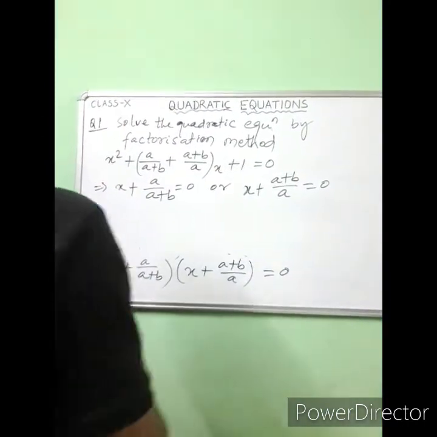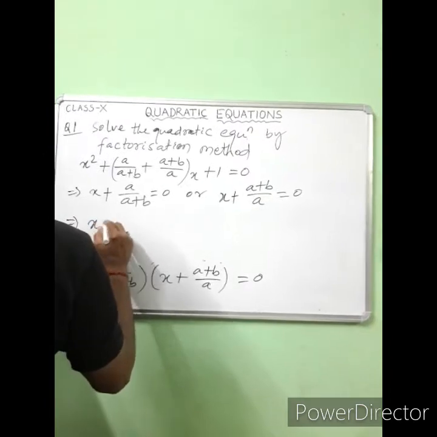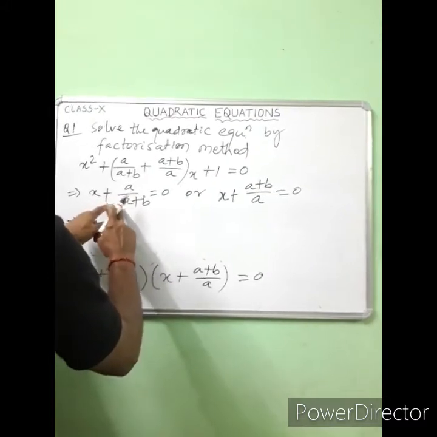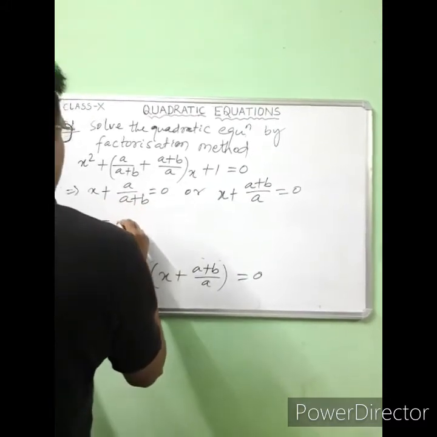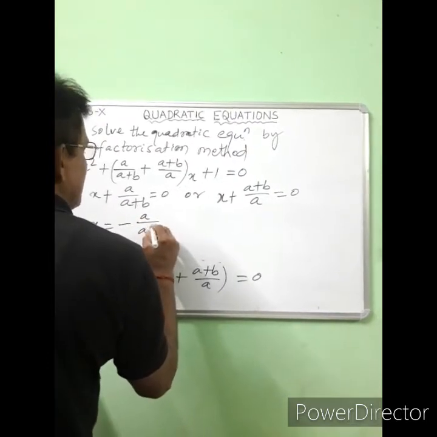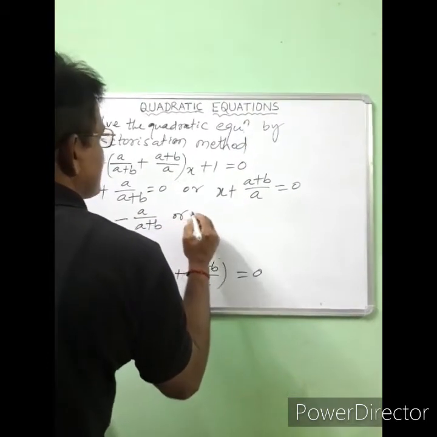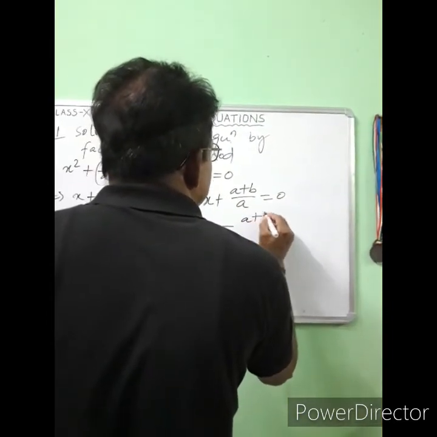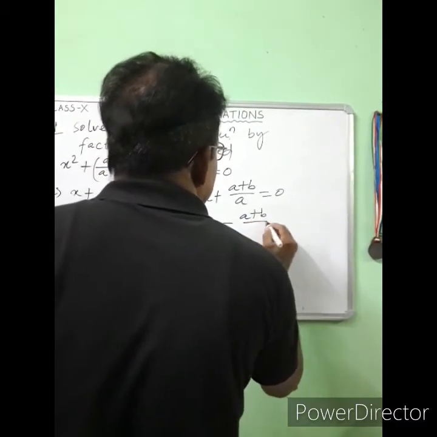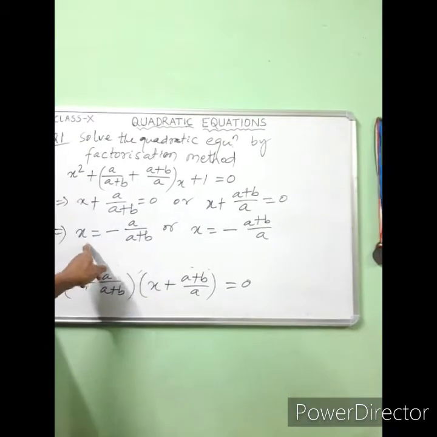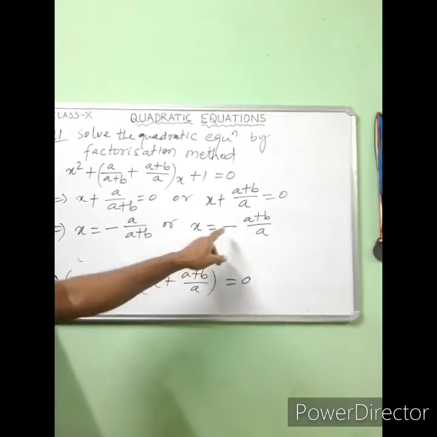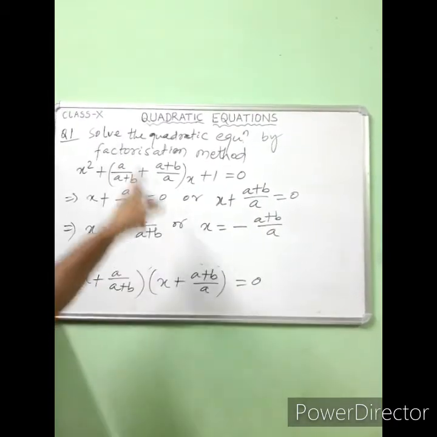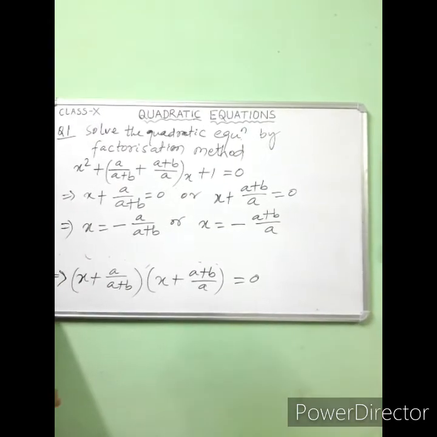Clear? So x is equal to minus a by a plus b, since a by a plus b is positive, it goes to the right side and becomes negative. Or x is equal to minus a plus b by a. These are the two roots, or two solutions, of this quadratic equation. So this is the first question.